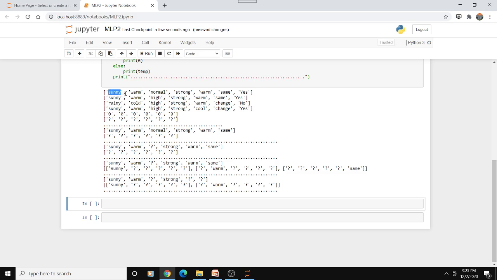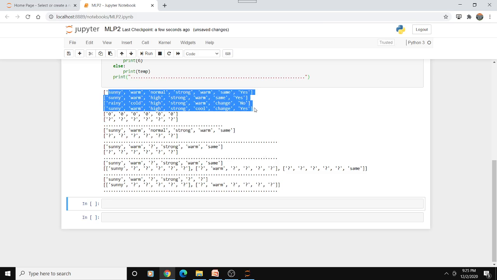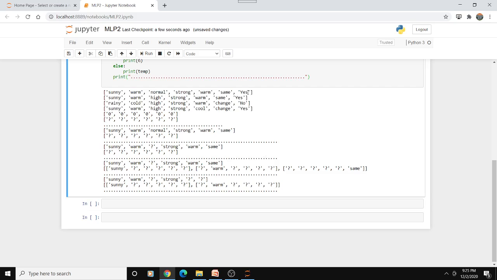This is nothing but the training examples that we have considered, so 3 positive and 1 negative example. This is the initial specific hypothesis and this is the initial general hypothesis. This is the first training example, a positive training example. For the first training example we got this specific hypothesis, and this is the general hypothesis for the first iteration.